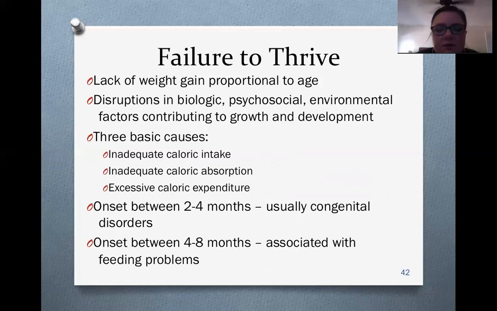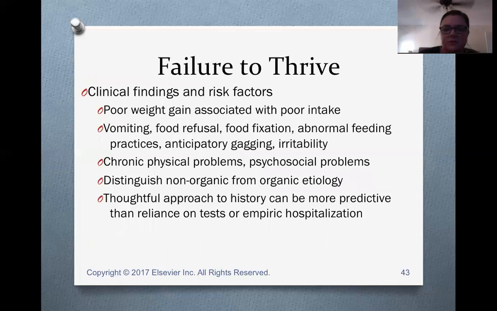So if it's between 2 to 4 months of age in an infant, that's usually some sort of congenital issue. And if it's between 4 to 8 months, that's usually some sort of a feeding problem. So there's all kinds of reasons that infants will have failure to thrive. You have to figure out if it's an actual physical problem with the infant, or if it's a psychosocial problem.